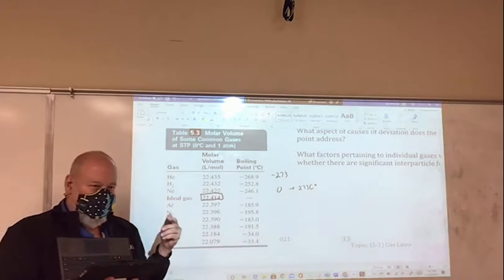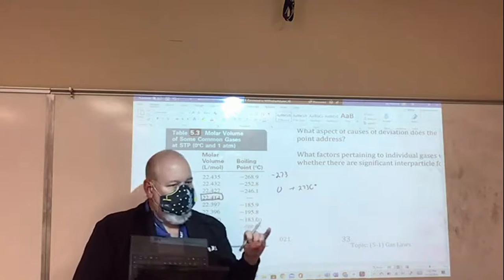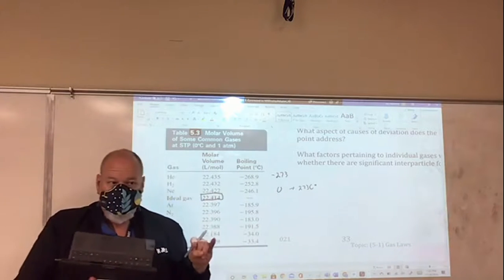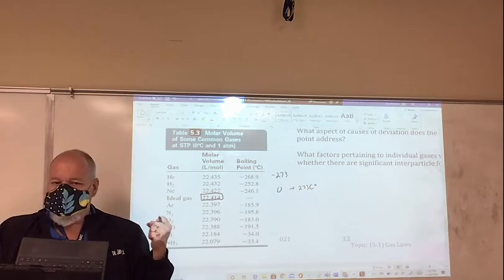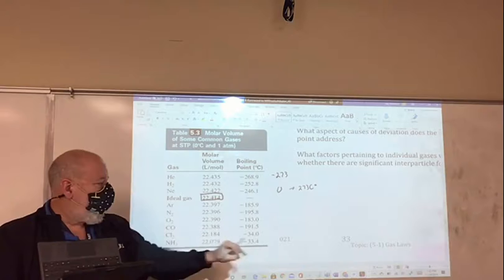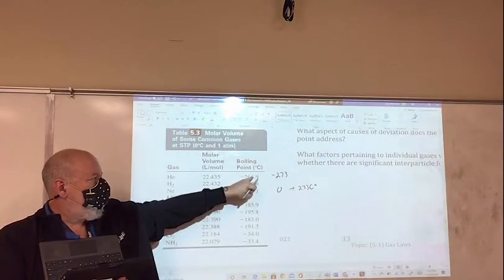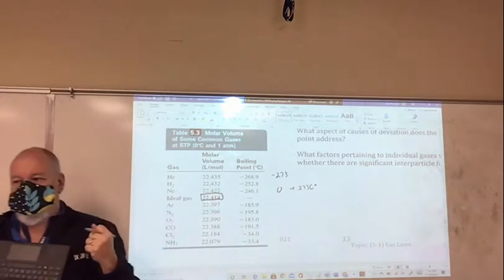Think about it again. If it takes more energy to boil something, then its interparticle forces must also be stronger, right? Okay? The less energy it takes to boil something, the weaker the interparticle forces.